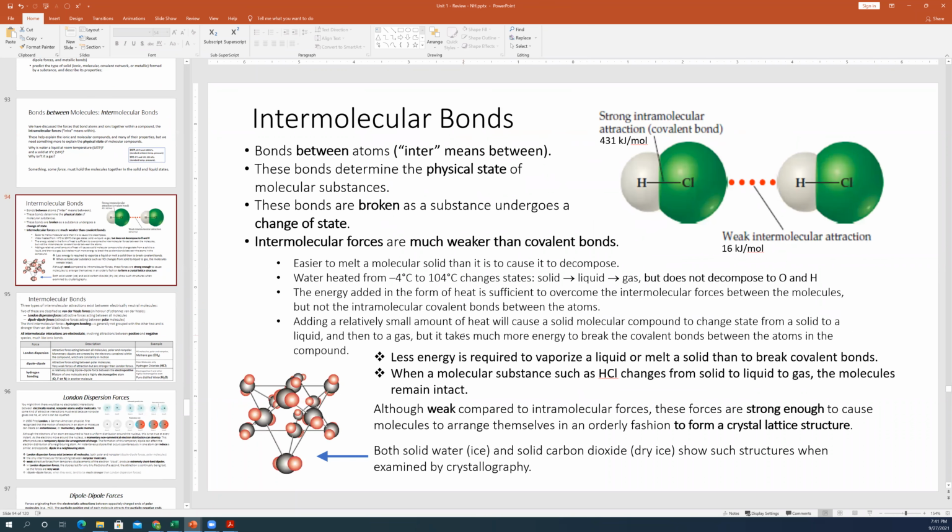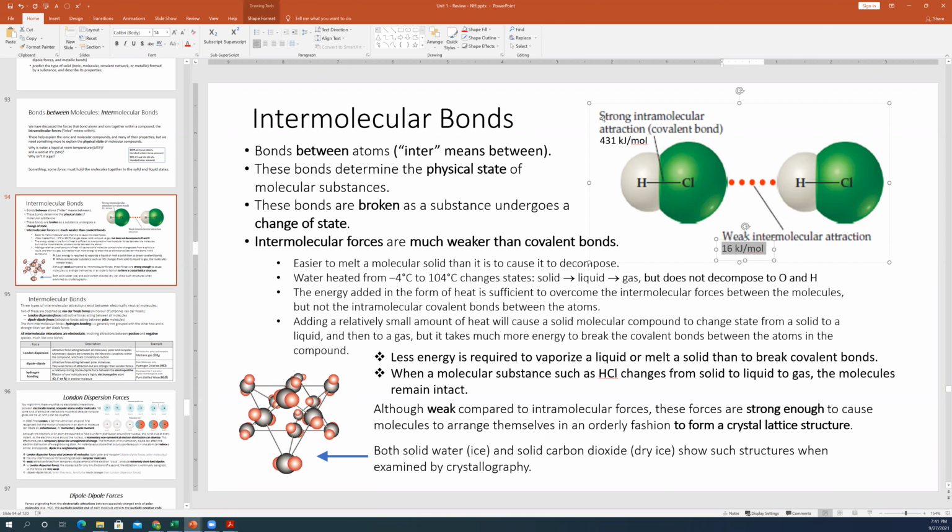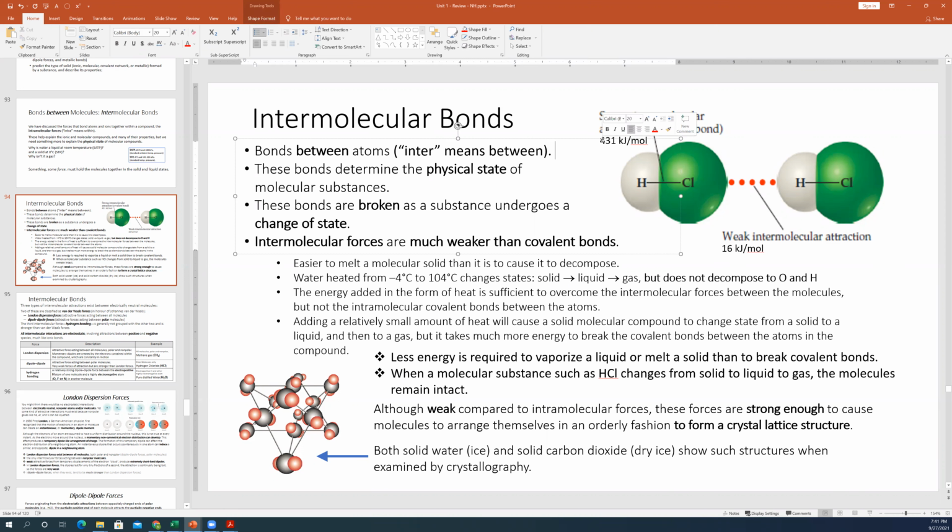And yes, bonds, sorry, we can call them bonds, as long as we remember that they are nowhere near the same kind of strength as covalent bonds, which are bonds within molecules. So bonds between molecules are orders of magnitude weaker than bonds within molecules.